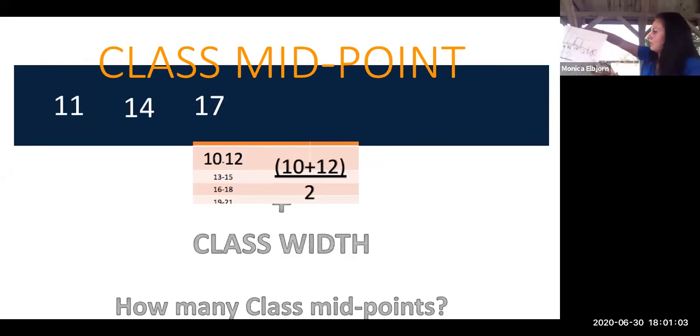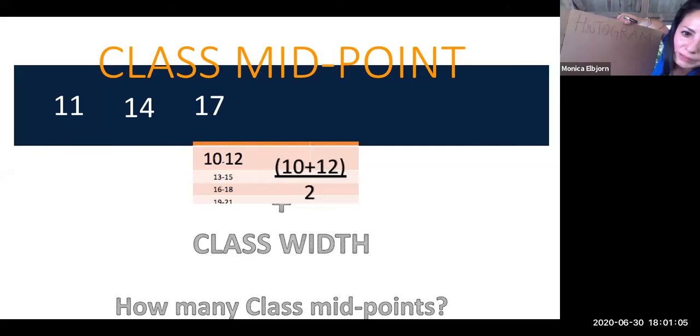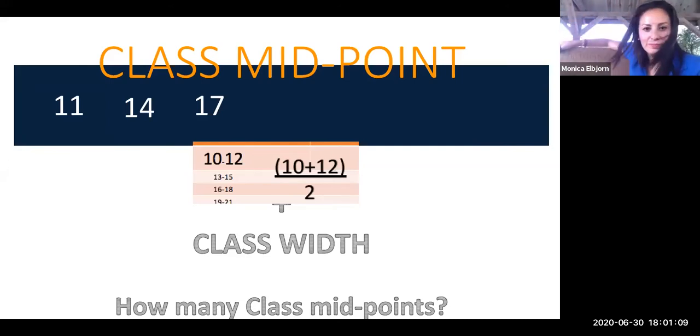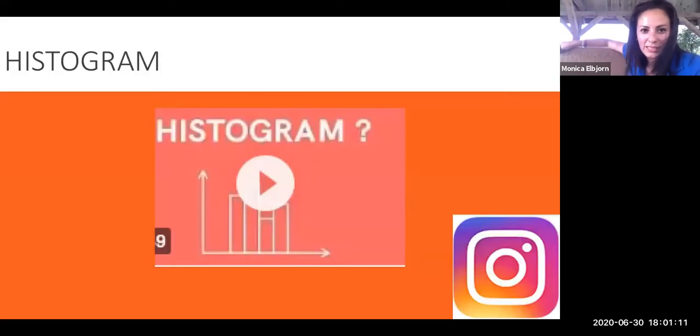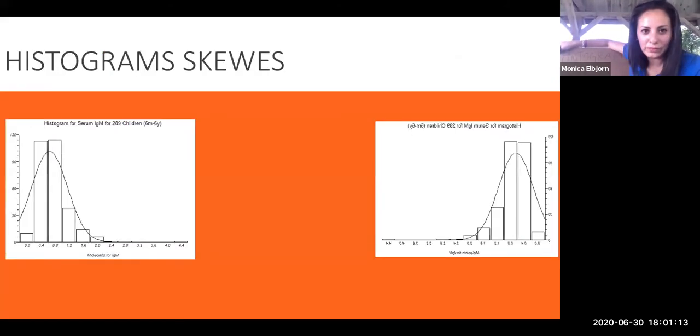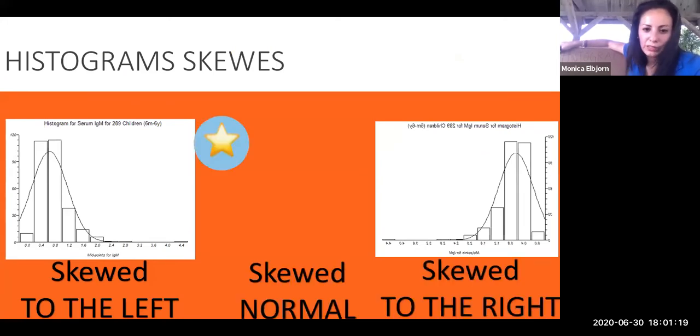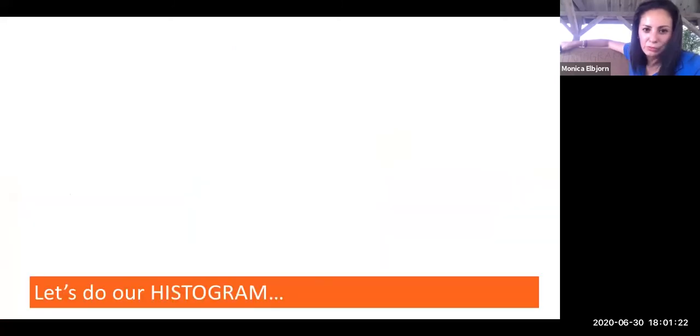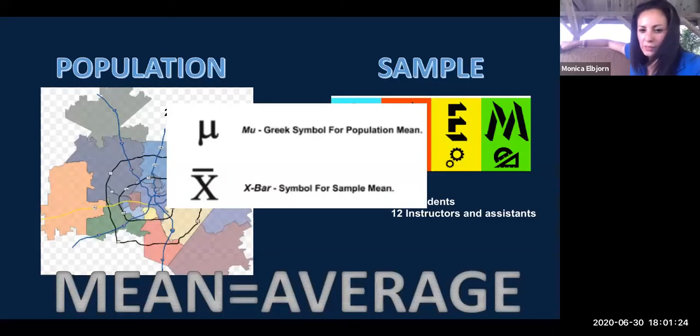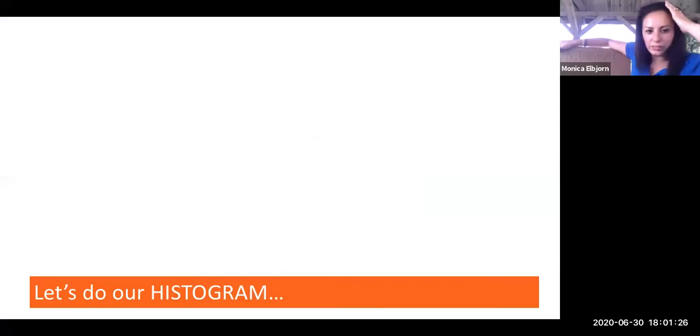So now it's time to make our histogram. Okay, let me just go. So we said that it could be skewed to the left, skewed to the right, or normal. So that's what we want, normal distribution. But this one probably is not going to be normal distribution.